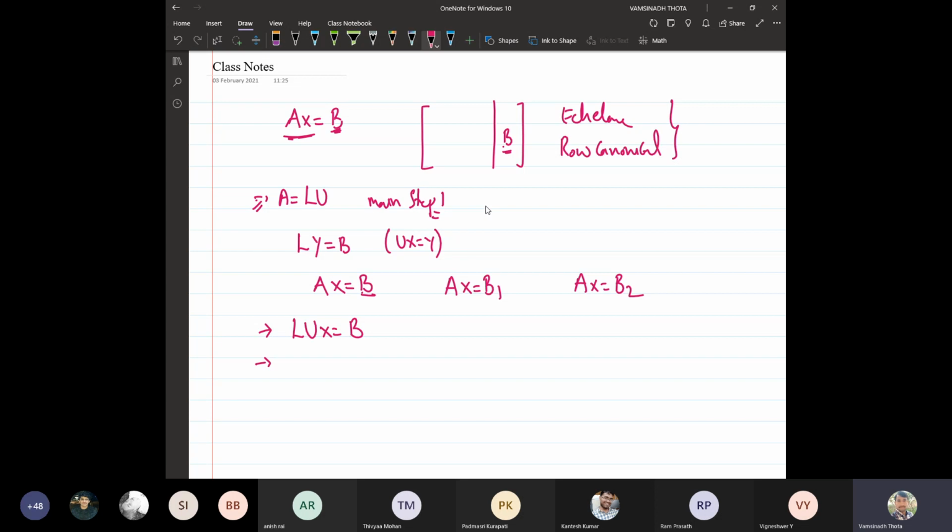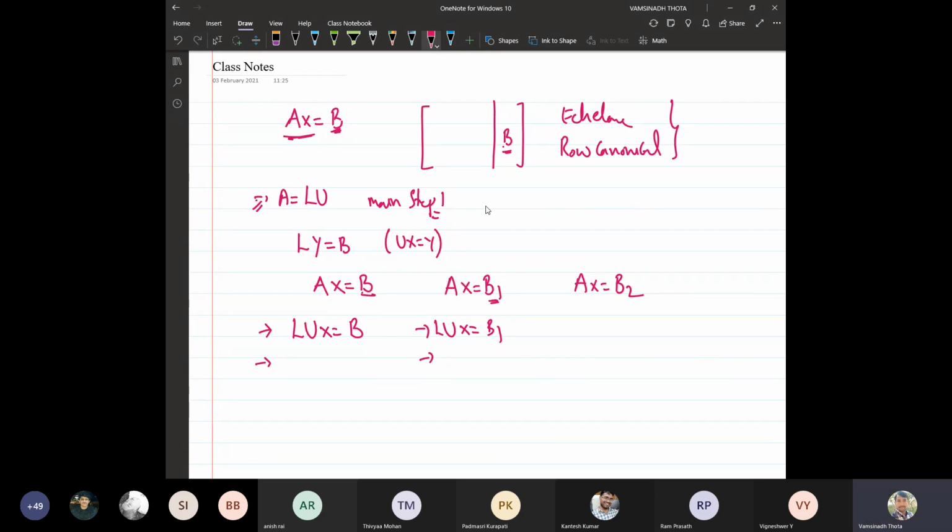Suppose in the same problem you need to find the solution for the system with the constant matrix B1. No need to worry, the decomposition is already done, so there is no need to repeat this step. LUx = B1. It is enough to solve this system, which is again a forward substitution and a backward substitution, which is easy to evaluate.